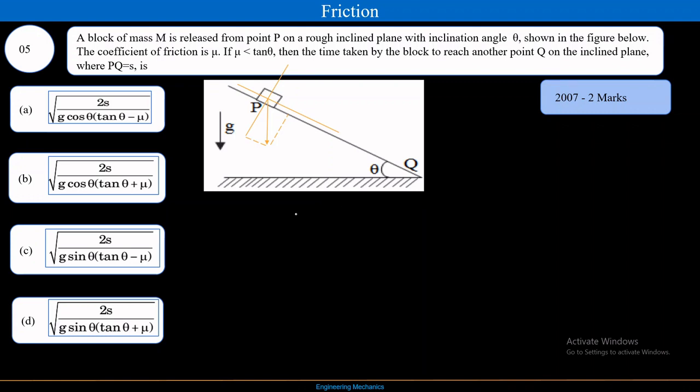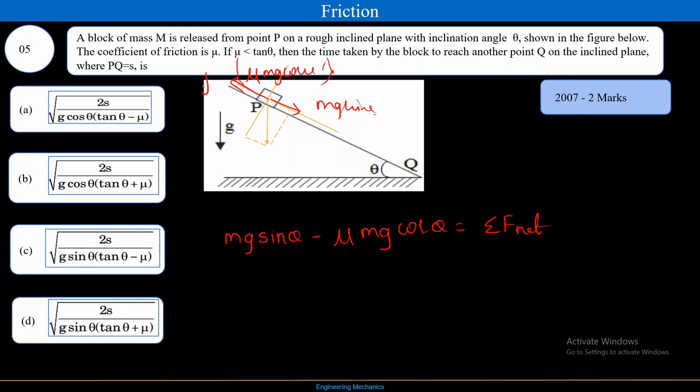So mg sin theta minus mu into mg cos theta is equal to the net force acting here. This is my mg sin theta, and this is mu into mg cos theta, that is my frictional force.